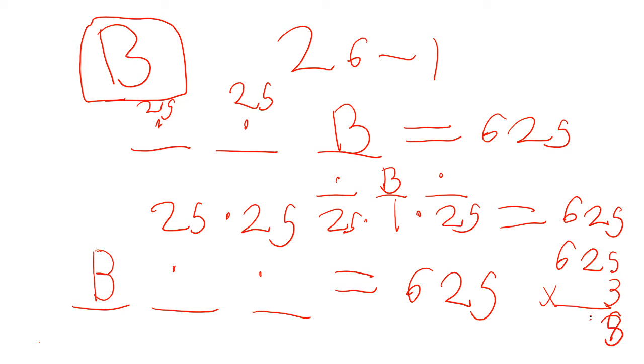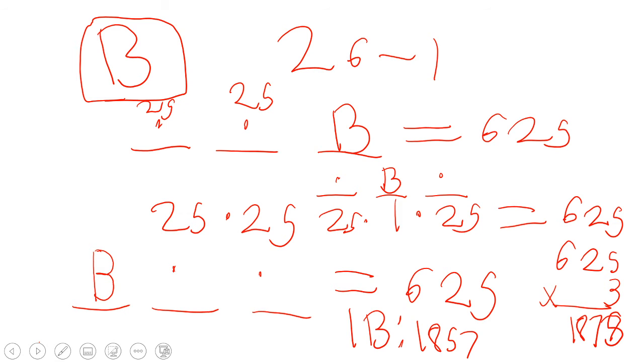Alright, so not a final answer, but the answer for one-B words is 1,875. So we obviously have more words, and we can have 2 B's, we can have 3 B's.